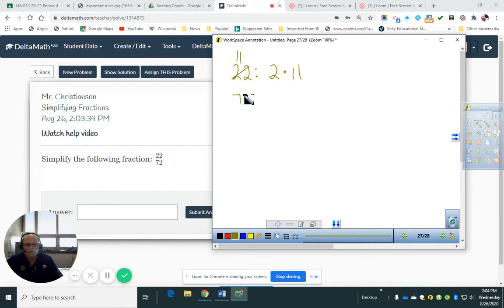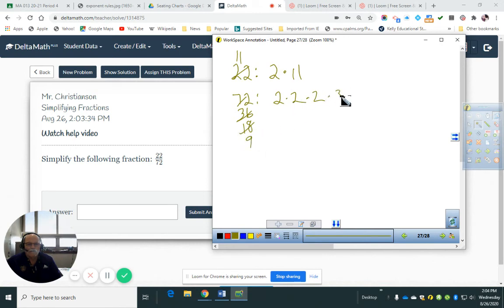And then 72, I start with 2. And you can keep going, because I want you to see how I do this. Divided by 2 is 36, divided by 2 is 18, divided by 2, 9.